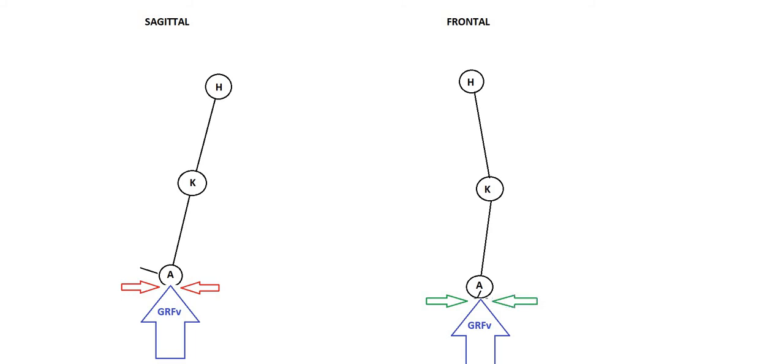So if I draw a line here that represents the midline of this person, so an imaginary line just drawn down the middle of this person running, fairly straight, then this green arrow on the left would represent the medial ground reaction force because it's acting medially, and this green arrow on the right would represent the lateral ground reaction force.